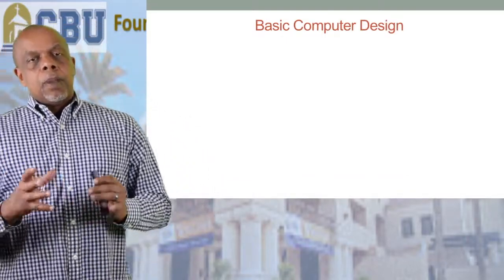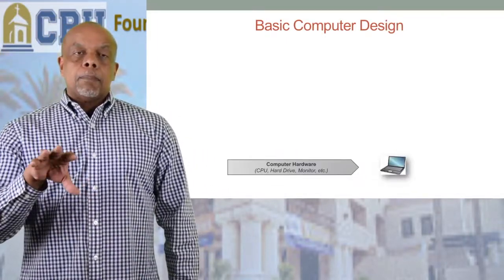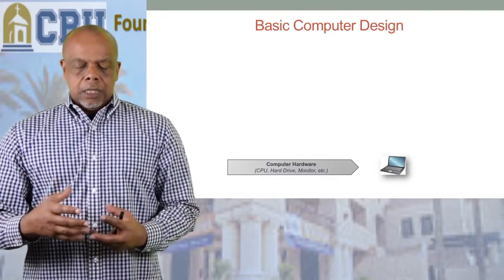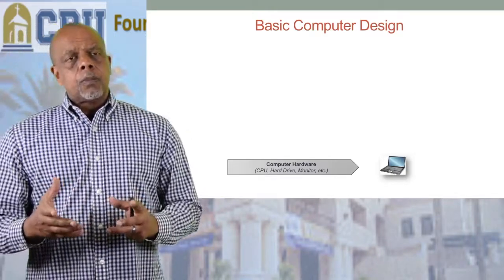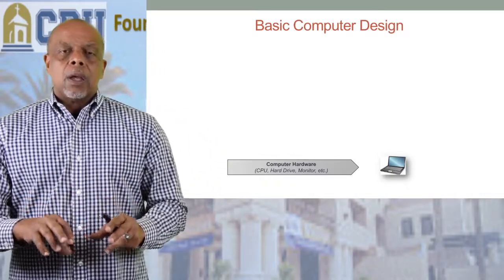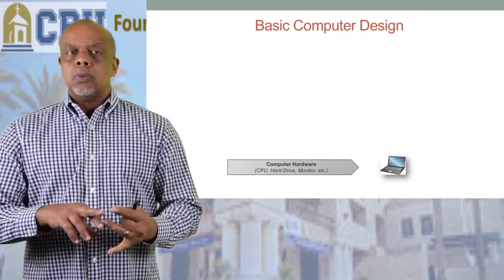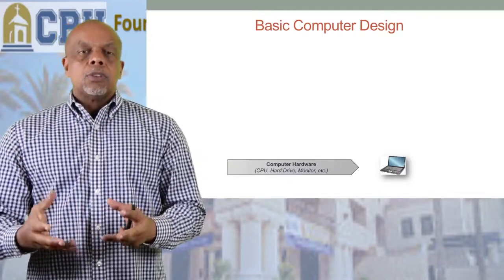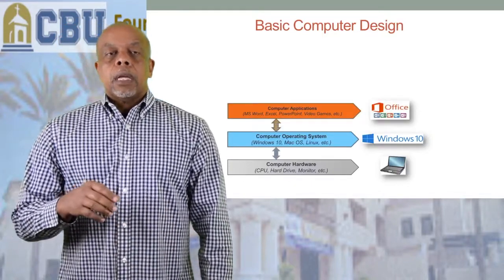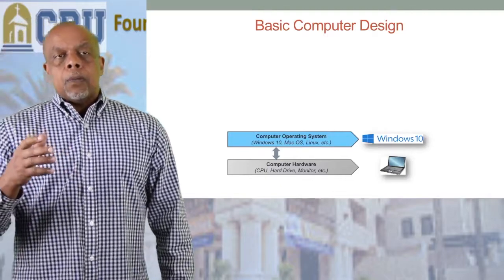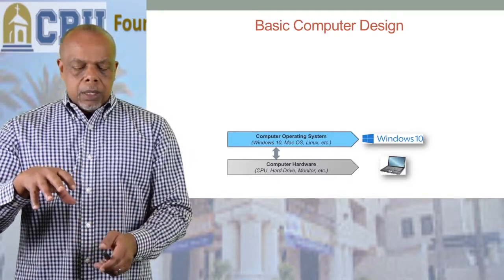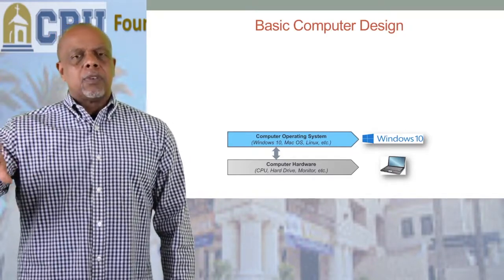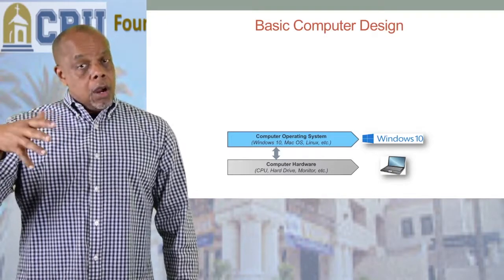When we think about your basic computer design, I like to decompose a computer into layers. At the bottom of the stack is our hardware: the CPU, hard drives, memory, monitors, all those things that make up hardware. On top of that, we have an operating system, whether it's Windows or Mac, whatever, that is installed on the hardware.